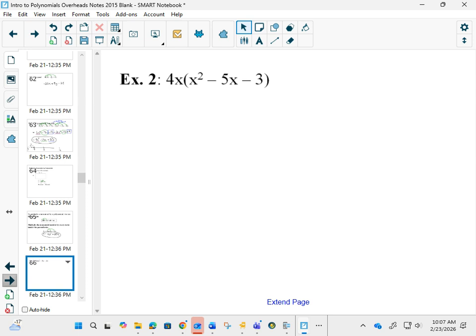We can even mark ourselves out of 2. Do we also have to simplify? If there is simplifying, yes, you'd also have to simplify. So this first one we're going to mark out of 2 marks.